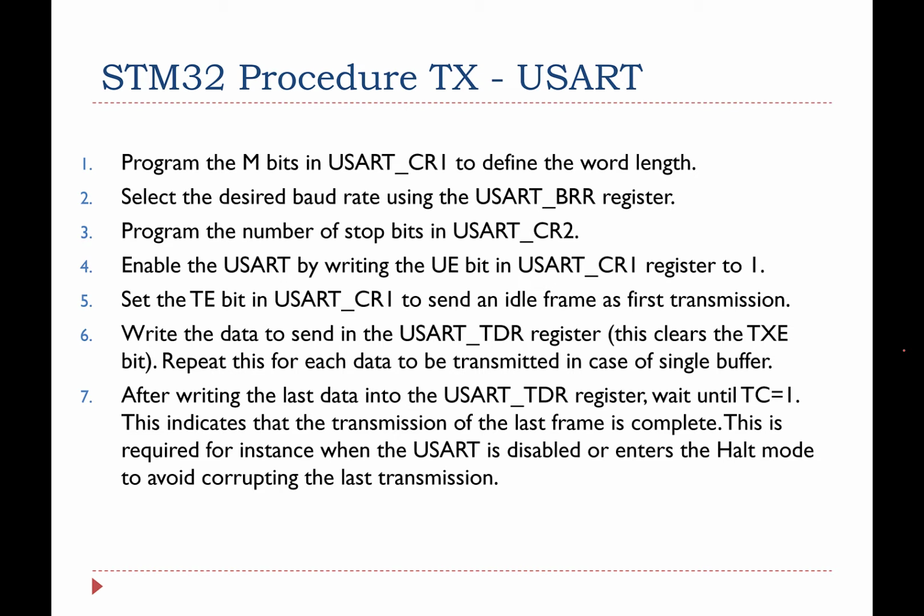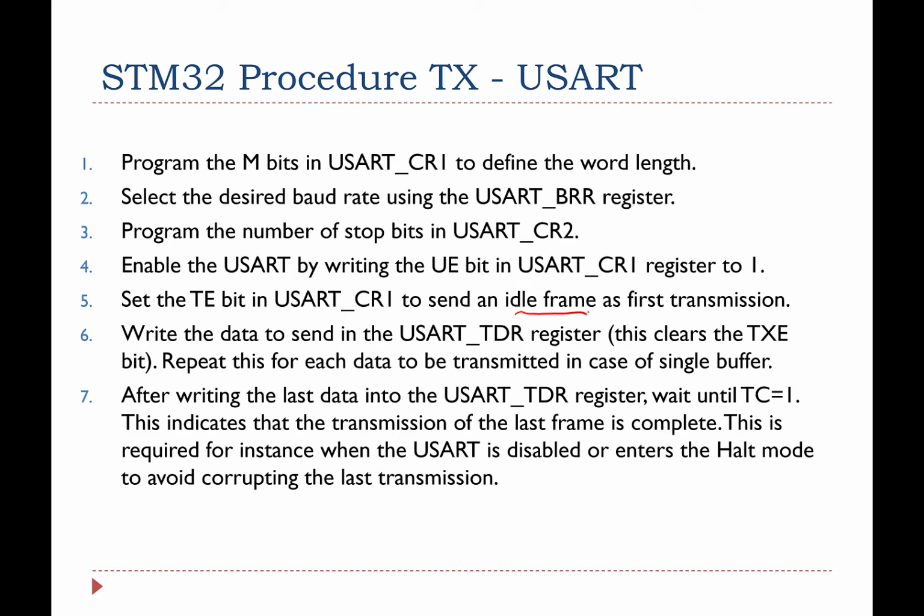Then we have to begin transmitting by first enabling the USART enable bit in the CR1 register. Then we have to set the transmit enable bit, because if we're doing transmission we have to set that. And then we have to send an idle frame as the first transmission here.